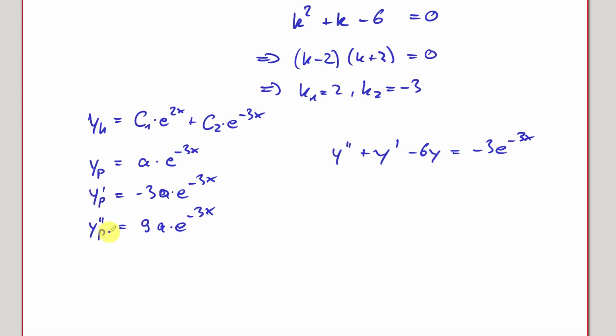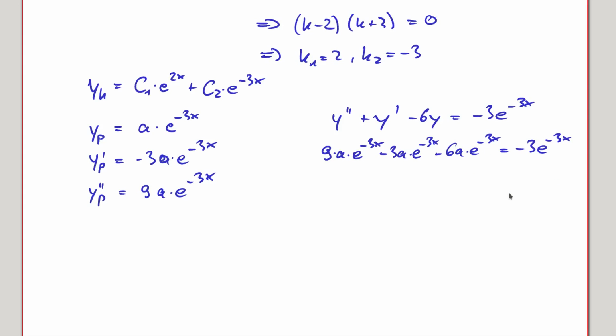Now we know what y double prime is. In this case, it's 9 times a times e to the power of minus 3x, plus y prime, which is minus 3a times e to the power of minus 3x, and minus 6 times y, so minus 6 times a times e to the power of minus 3x. And this has to be minus 3 e to the power of minus 3x.